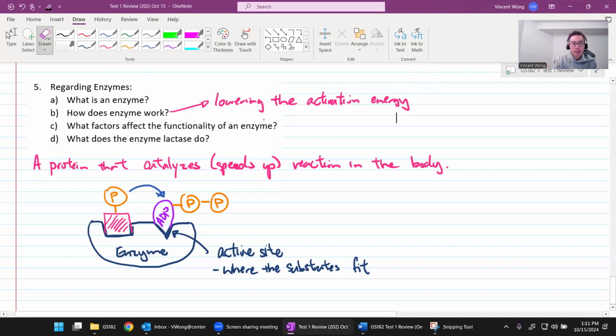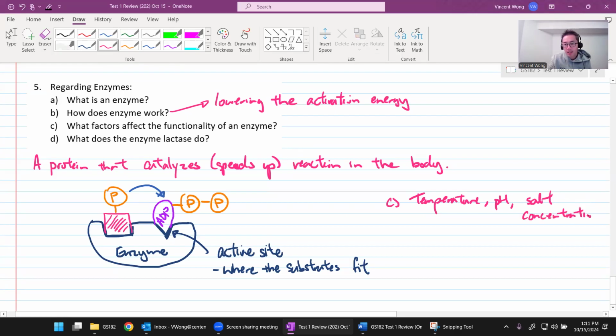What factors affect the functionality of an enzyme? Well, the enzyme is a protein, so anything that affects the structure, the shape of the protein is going to have an effect on the enzyme. Things that we talked about in class include temperature, pH, salt concentration, right?